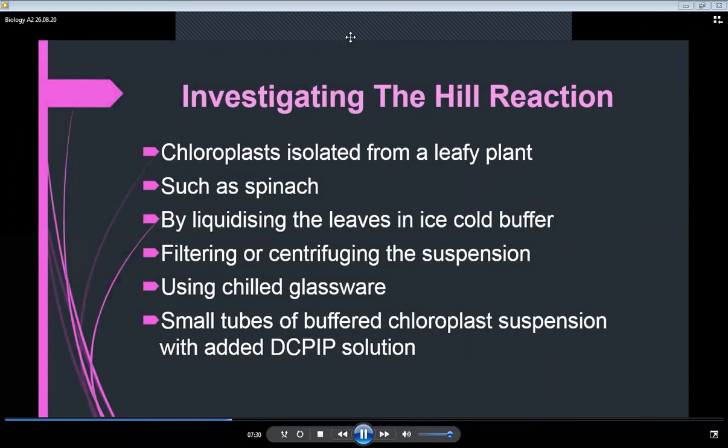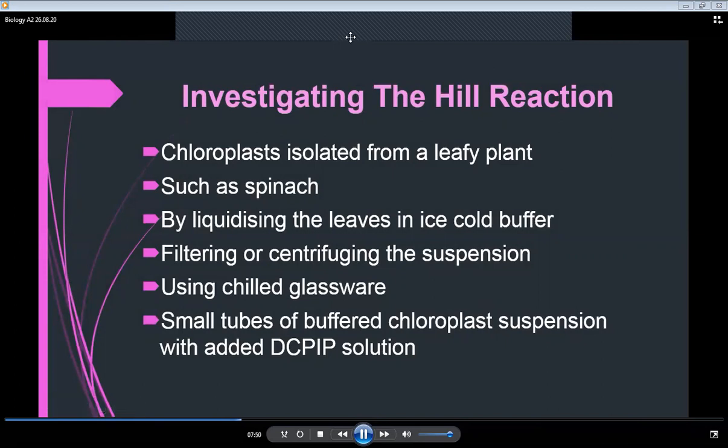So what we are going to do is take some spinach leaves and crush them using a mortar and pestle, right? Then we are going to liquidize this extract.